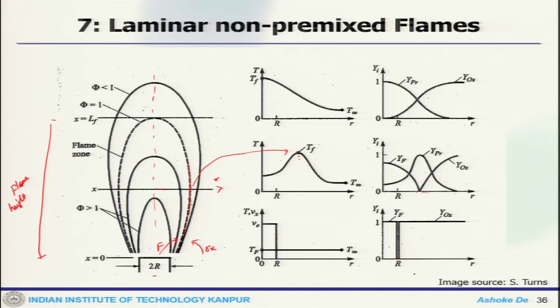And this would also help you to understand a lot of laboratory scale burners or the unconfined burners which we use later on for the analysis, and see how that evolves.